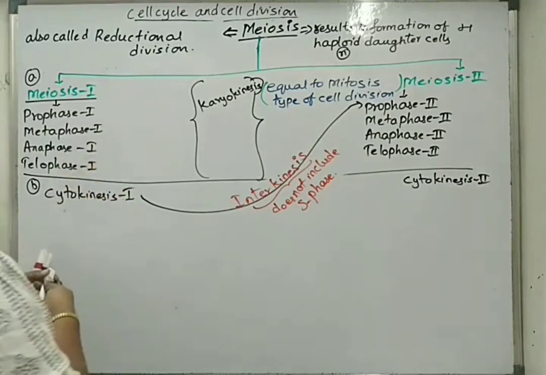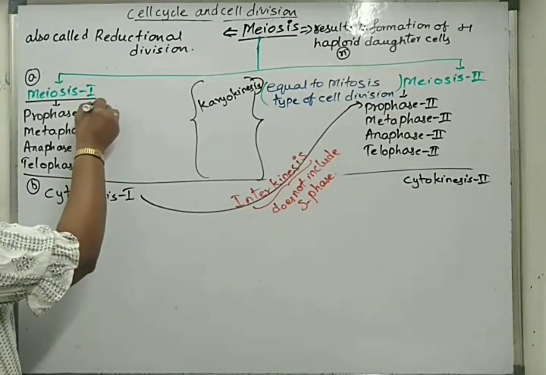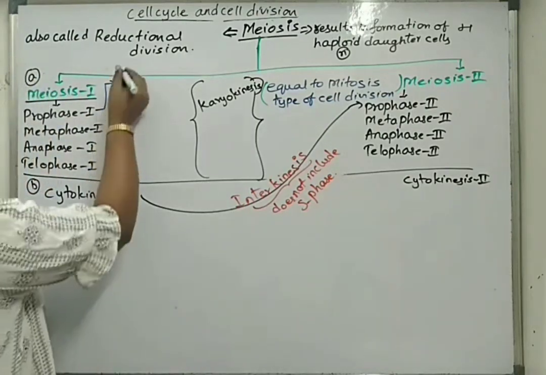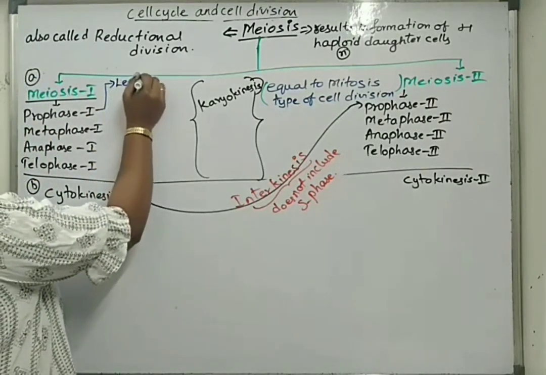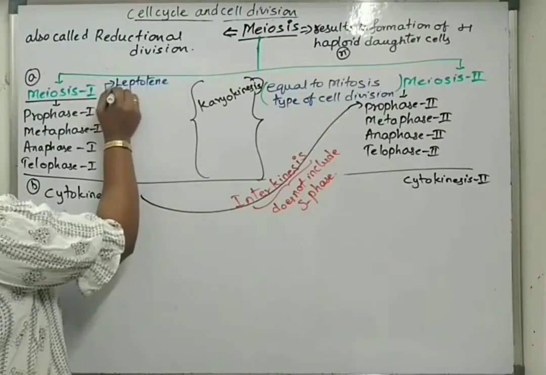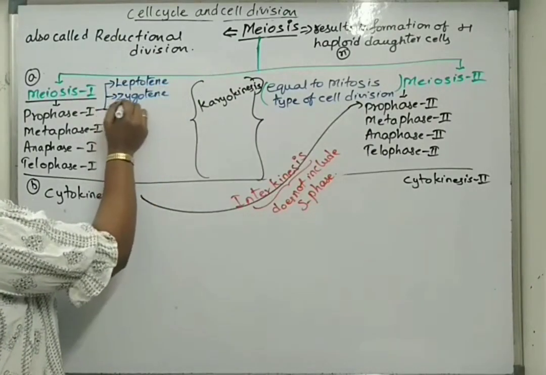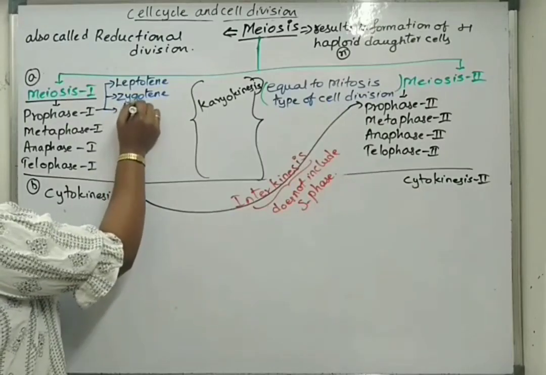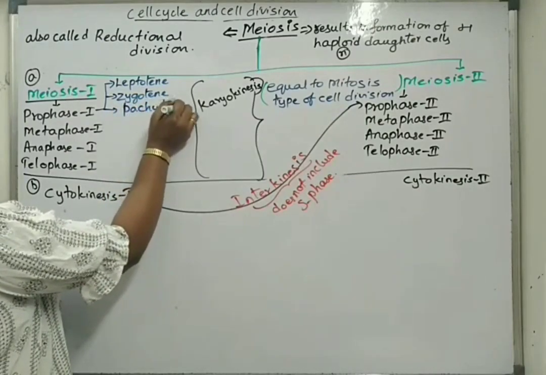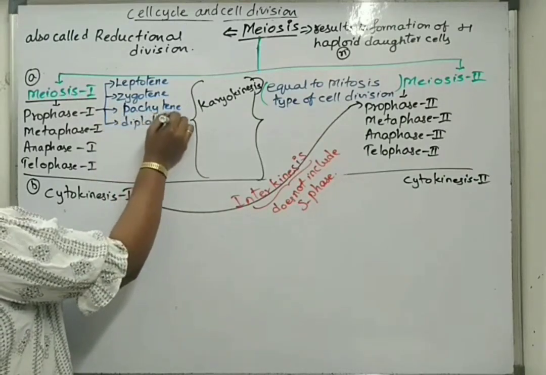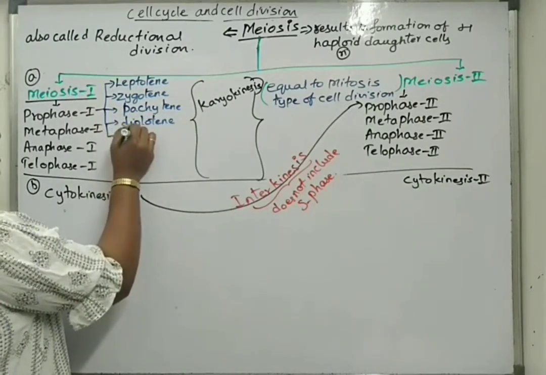Coming to meiosis 1, the first one, prophase 1. It is again divided into 5 different steps: leptotene, zygotene, pachytene, diplotene, diakinesis.